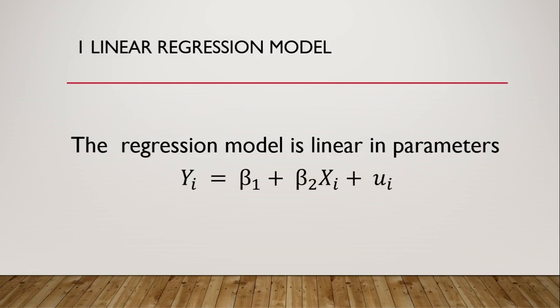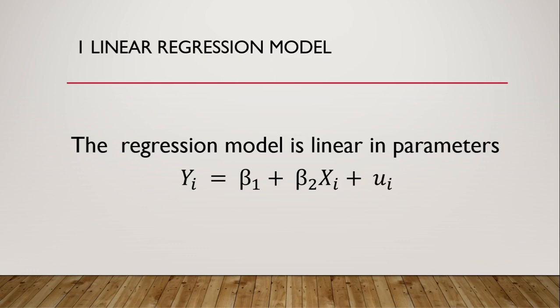So, this is the first assumption. The model is a linear regression model. So, the regression model that we are considering is a linear regression model, and the model is linear in parameters. We are concerned with linearity in parameters.